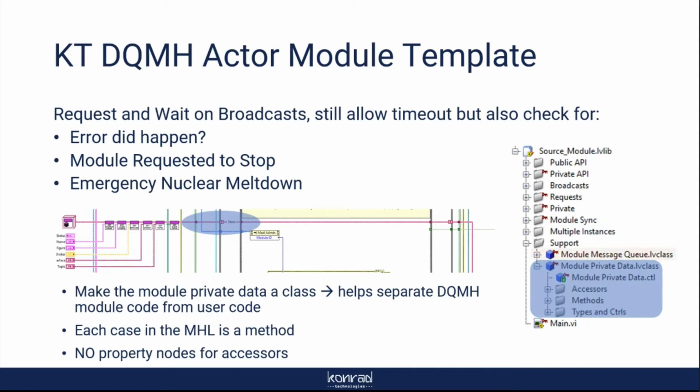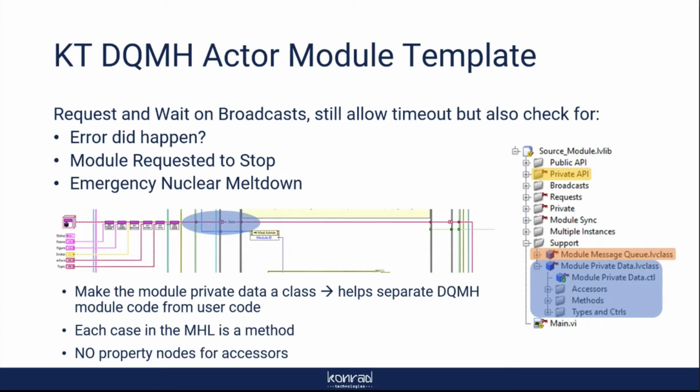Something else we did that's interesting is we actually overrode the module message queue that comes with DQMH so that we could plug in our own error handling behaviors. And one other thing we did to make this more of an actor or identifiable to our other engineers is we have a private API folder, and that's where the actor can put its events that it wants to call on itself. So it can tell itself what to do.